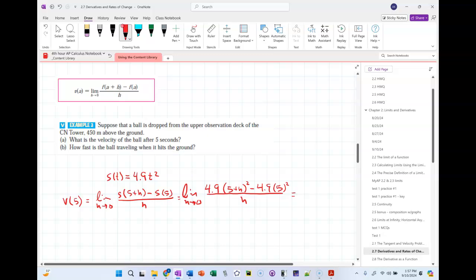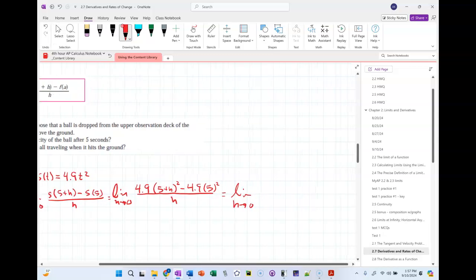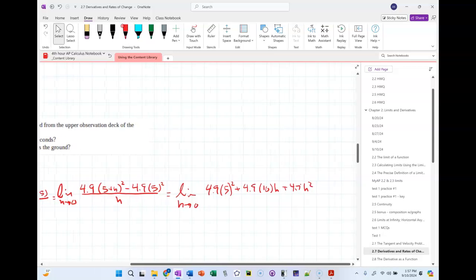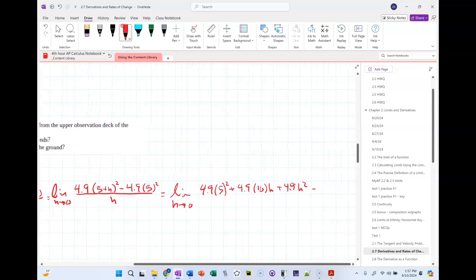All right, now that we got that, what should I do next? I still can't do a direct substitution, right? Because I get 0 over 0. What should I do? Foil it out. Great. So I'm going to get 4.9 times 5 squared plus 4.9 times 10h plus 4.9 times h squared minus 4.9 times 5 squared all over h.